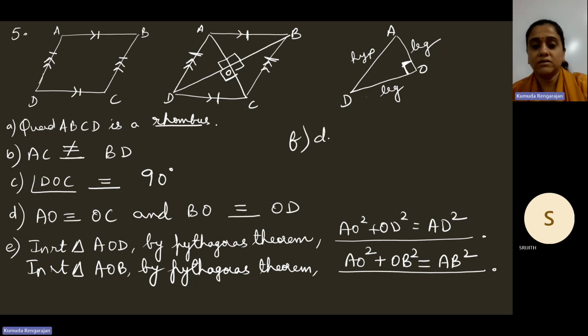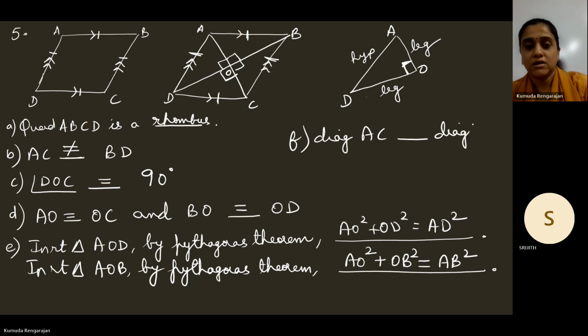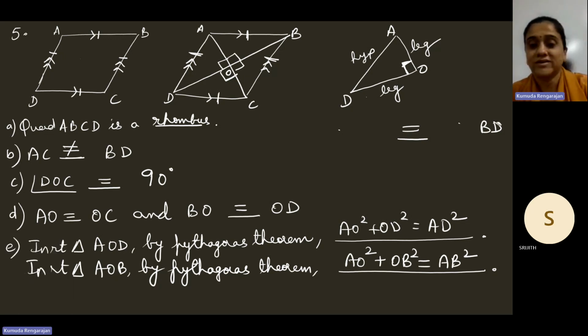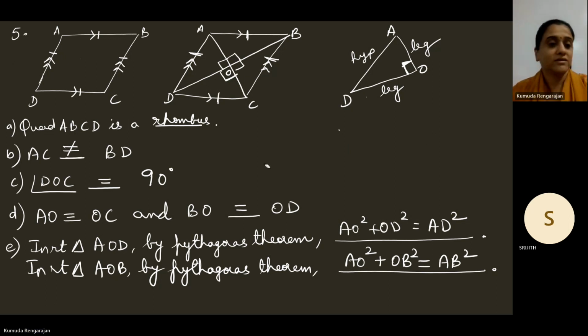Then what about diagonal AC and diagonal BD? What should I fill in the blank? Diagonal BD is not equal to diagonal AC. Sorry.